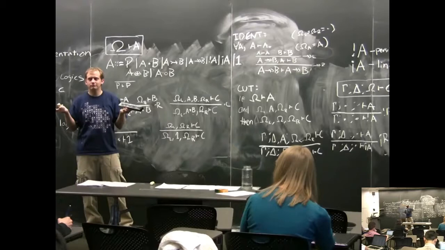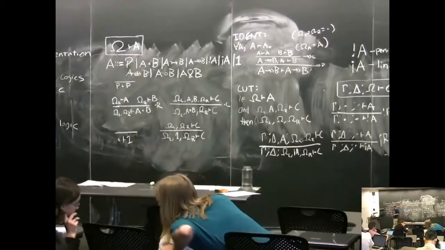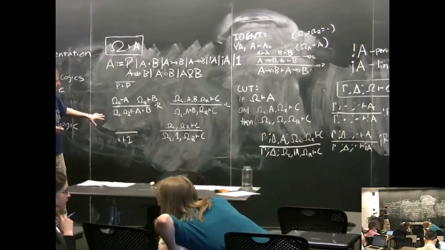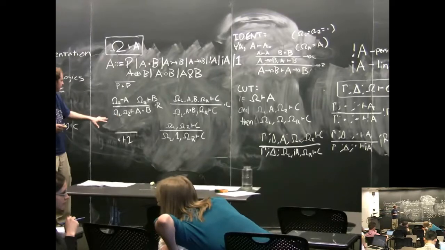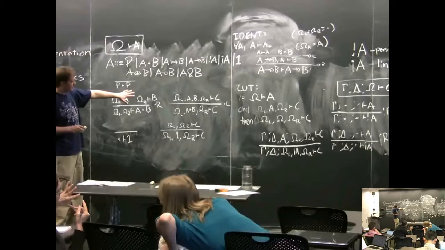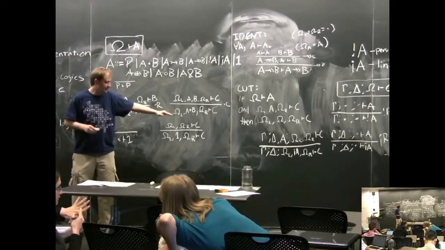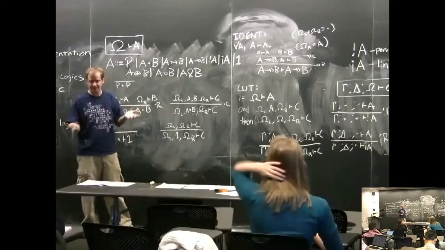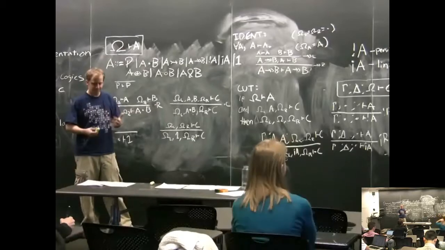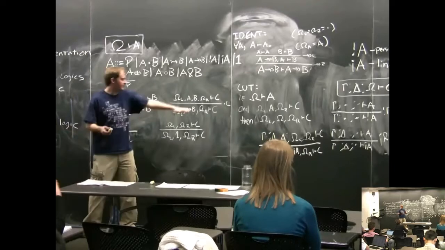So you can have additive conjunction just like before. One interpretation of this kind of sequent, and I'll give an example of this in just a second, and in fact it's the one from the original presentation of ordered logic by Lambek, who was a linguist.